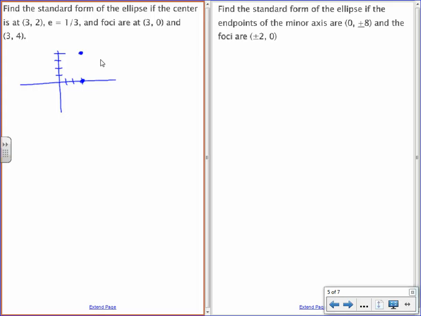Okay, did this first one even need to tell you where the center was? No. It didn't, right? Because they gave you the foci. But they did say that the center is at (3, 2). Okay? Pod 1, what kind of ellipse do we have? We have vertical.